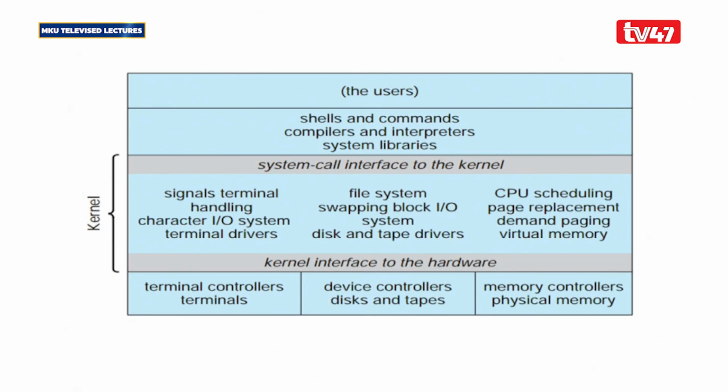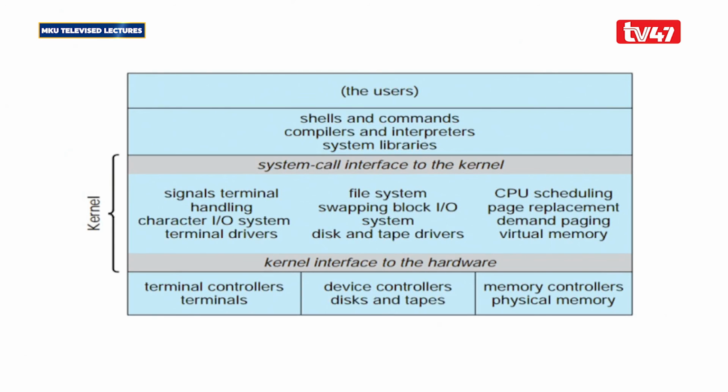We have things like signals, terminal handling, character input output system, and then we have terminal drivers, file system, swapping. All these are organized in different layers, and as we've said, whatever is on the lower layer can be accessed by the ones on the upper layer, but not the other way around.